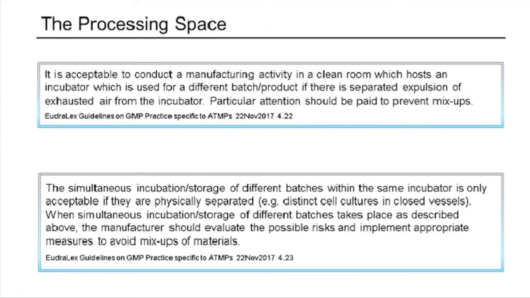And then simultaneous incubation storage of different batches within the same incubator is only acceptable if they are physically separated, e.g. distinct cell cultures in closed vessels. When simultaneous incubation storage of different batches takes place as described above, the manufacturer should evaluate the possible risks and implement appropriate measures to avoid mix-ups of materials.